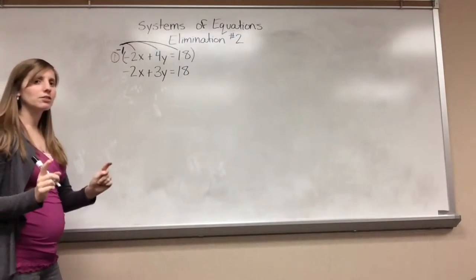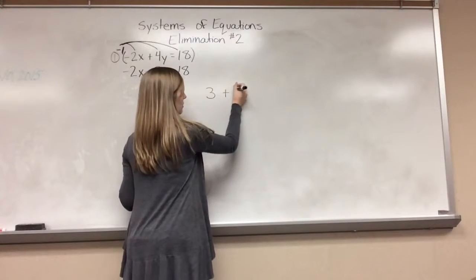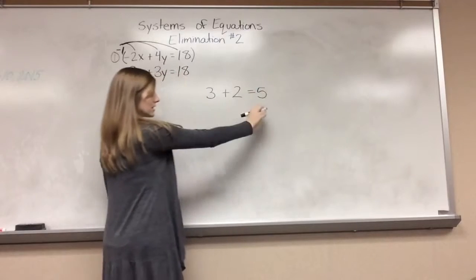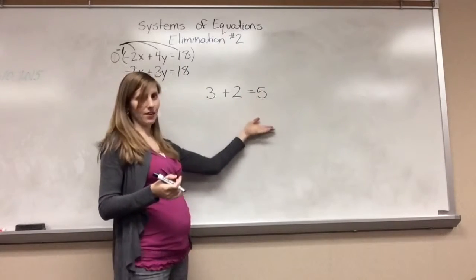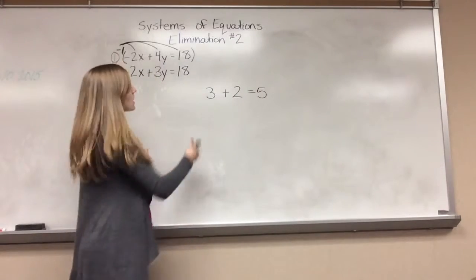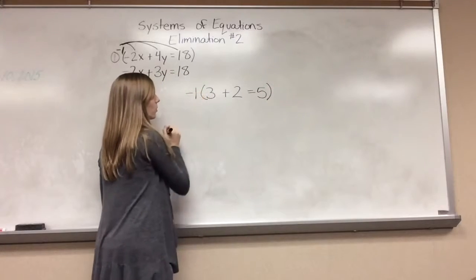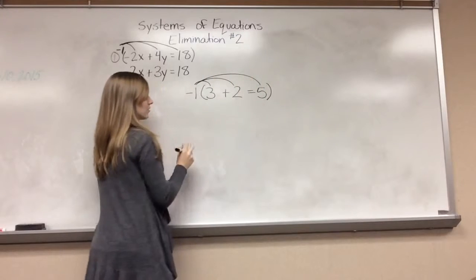Now, just so that you understand how this works, let's look at a very basic equation. 3 plus 2 equals 5. This is a true equation because 3 plus 2 is 5. I just want to show you how this multiplication works. If I multiply this entire equation by negative 1, each term multiplies by negative 1.